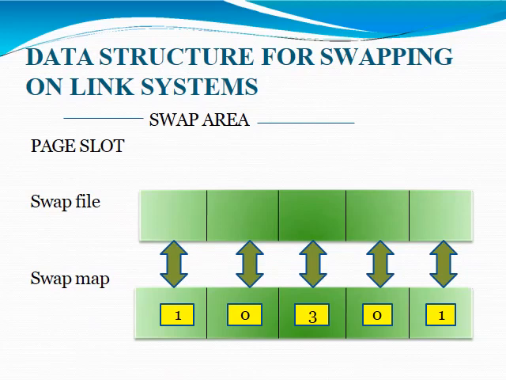If it is 0, this page slot is empty, that means it is not used for swap. But if it contains a value, then that many swapping is allocated, or otherwise we can say it indicates that the swap page is mapped to that many different processes.